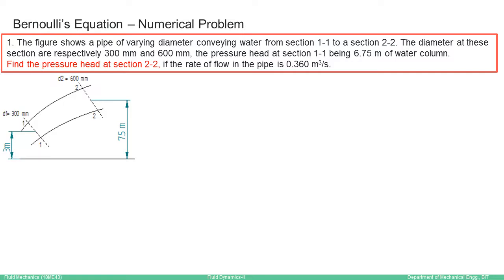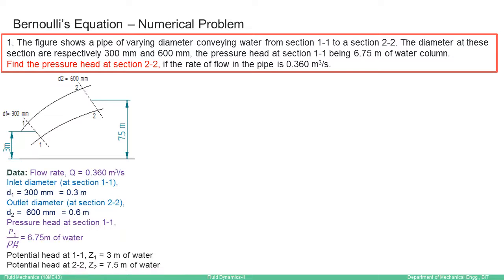So it is all listed out here in the data. Q is directly given in meter cube per second, 0.36 meter cube per second, and the inlet diameter at section 1 is listed as 0.3 meters because it is to be converted into SI units. Expressed in SI units, D2 is 0.6 meters.